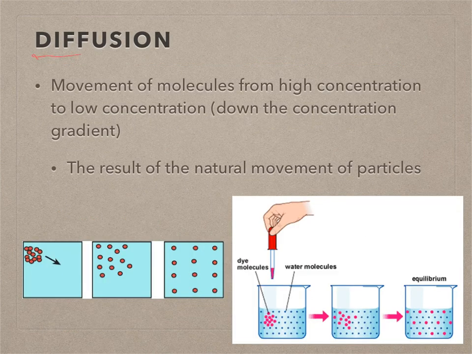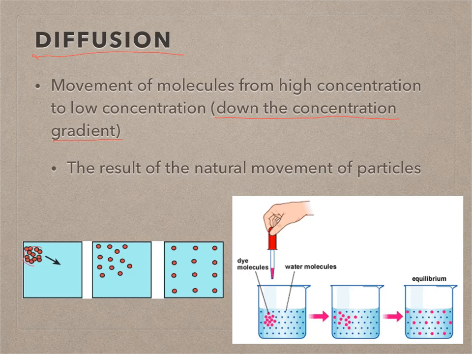So diffusion is the movement of molecules from an area of high concentration to an area of low concentration. Going high to low is said to be moving down the concentration gradient. And this is a result of the natural movement of the particles. Remember, all atoms, all molecules are vibrating, so they will move.